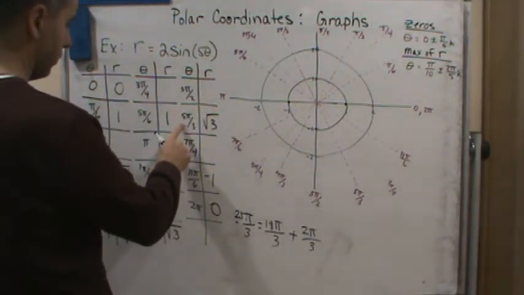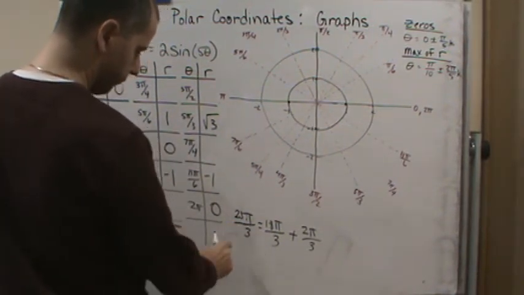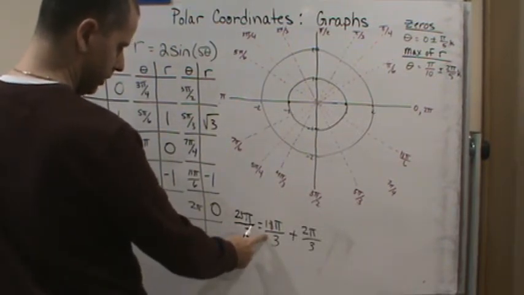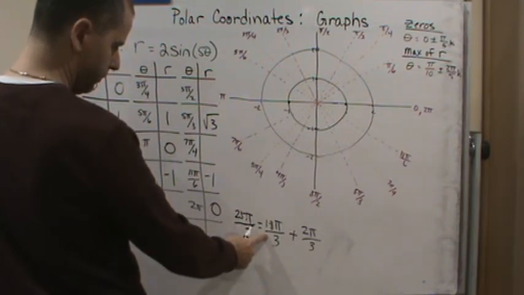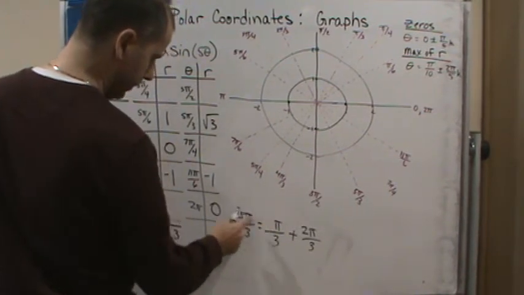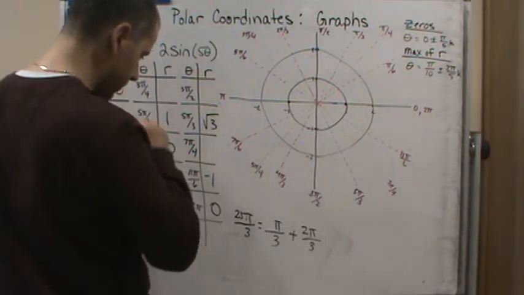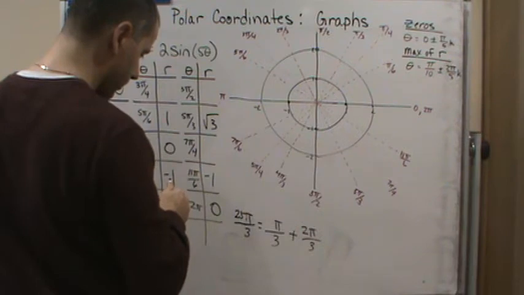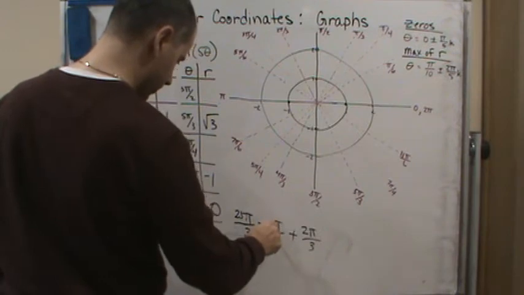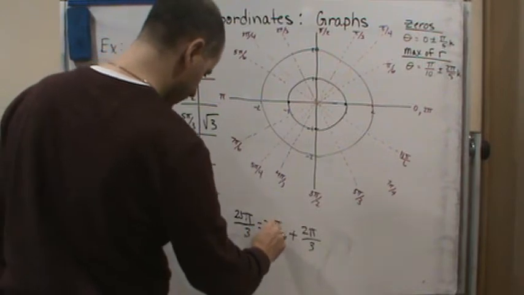So 25 pi over 3, and if I have 18, so I can actually have 24.